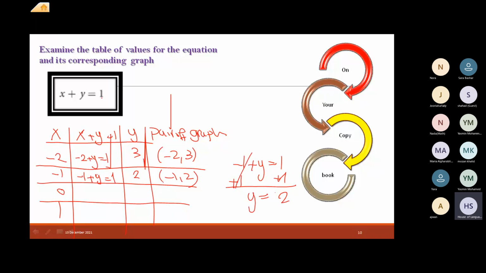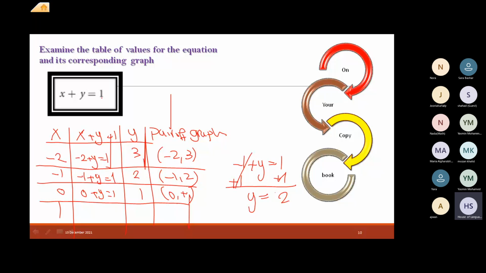The third one: 0 plus y equals 1. So what's the value of y? Think about it like a number added to y is 1. So the value of y will be 1. Is it clear? So the third one will be 0, 1.